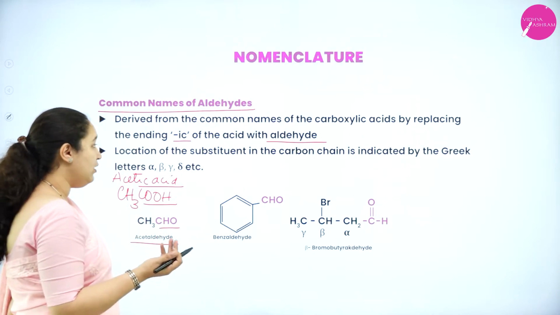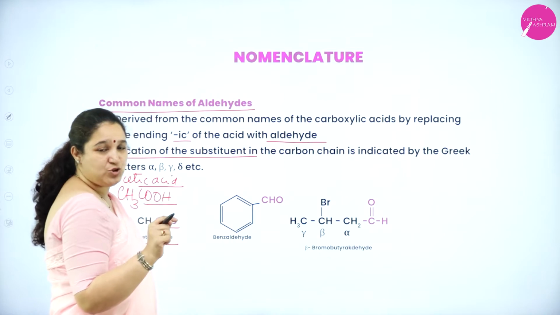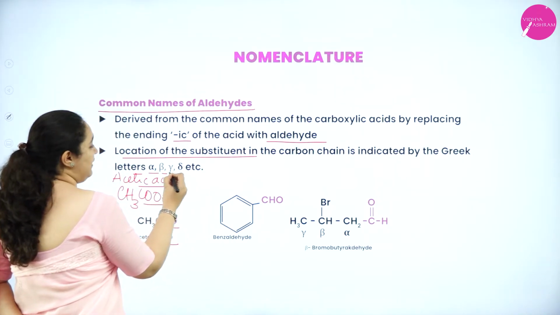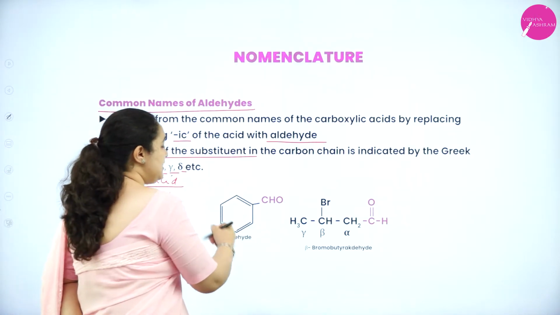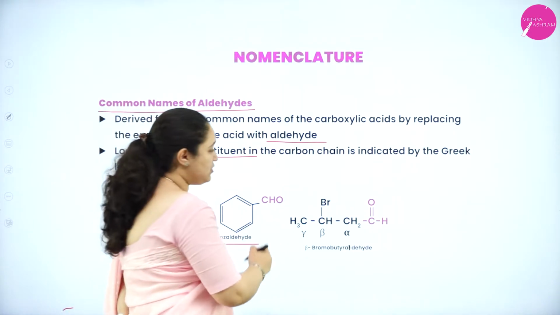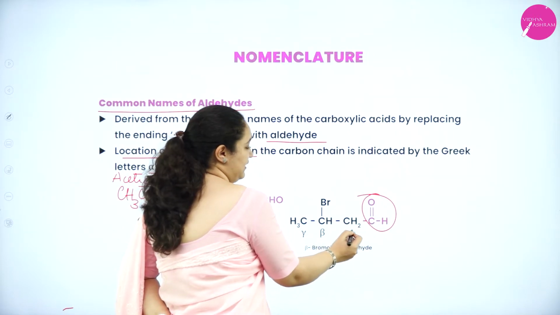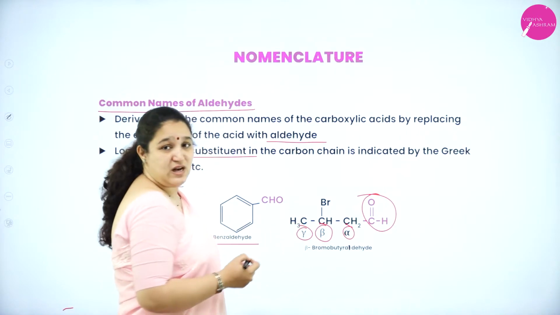Or to find out the location to which the CHO group is attached, we will write it with the letters alpha, beta, gamma, delta, etc. For example, benzene ring with aldehyde, we call it benzaldehyde. Now, in this compound, the carbon atom attached to the CHO group we call alpha. Its neighbor is beta, its neighbor is gamma.